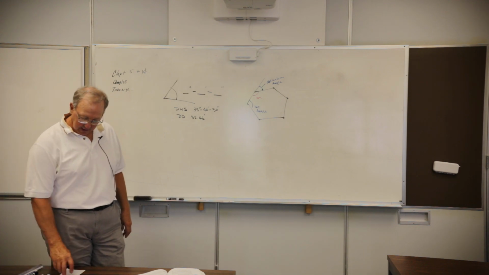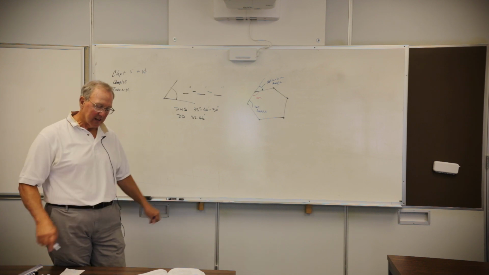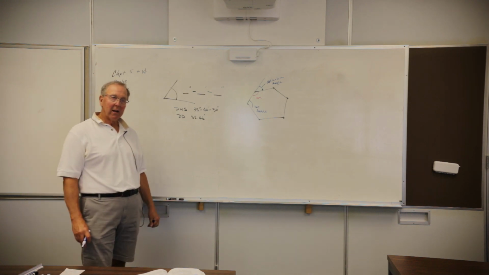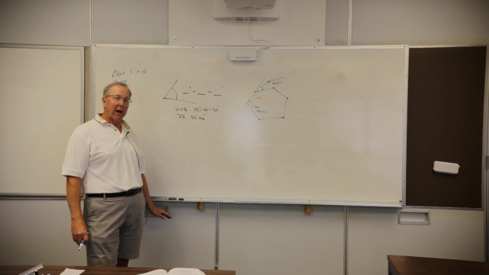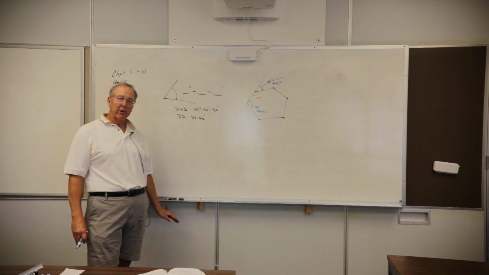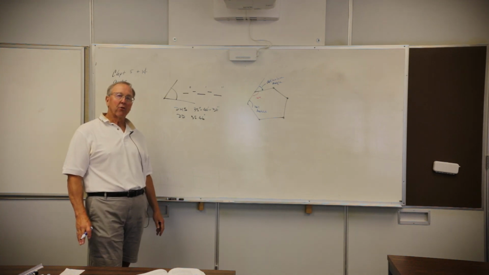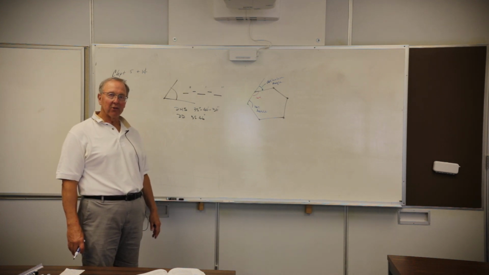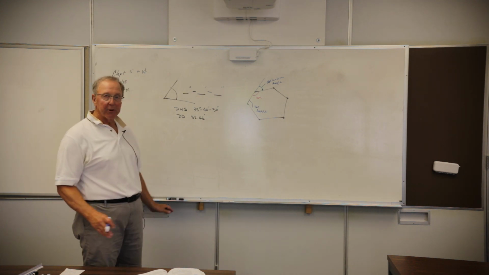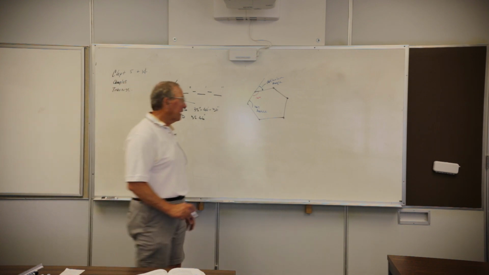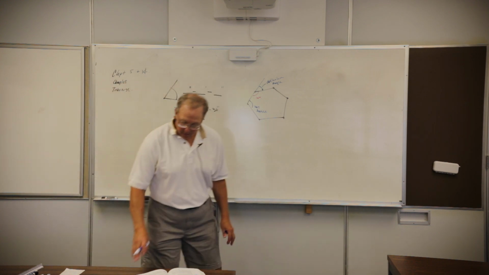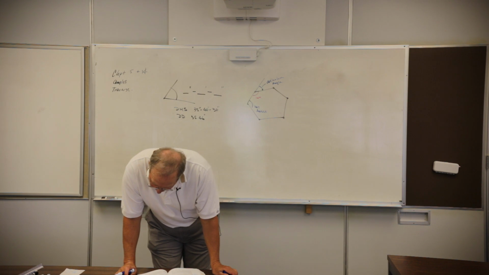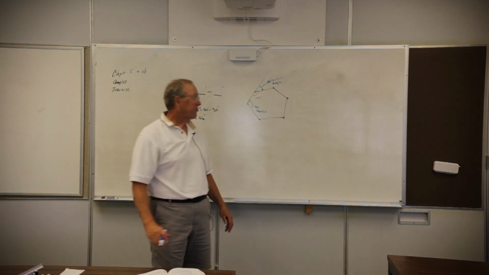Okay, but there is a little constant that you have to be aware of, and you've got to be able to figure out how many degrees the traverse has when you add up all the interior angles. Okay, very simple little formula. It looks like this. And if you want to note it, it's on page 14.5 of your text.